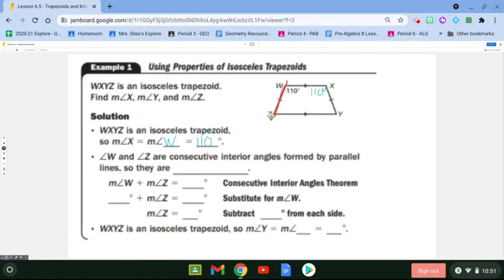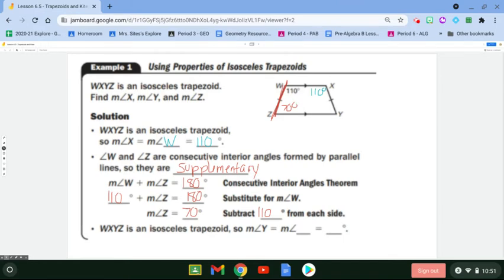Because of that, they're supplementary, so the measure of angle W plus the measure of angle Z add up to 180 degrees. We know angle W is 110, so subtracting 110 from both sides, the measure of angle Z is 70.